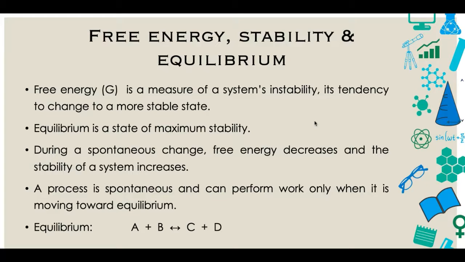During a spontaneous change, free energy decreases and the stability of a system increases. A process is spontaneous and can perform work only when it is moving toward equilibrium. Equilibrium can be stated as A plus B interchangeable to C plus D.